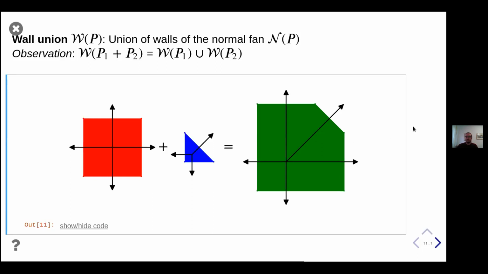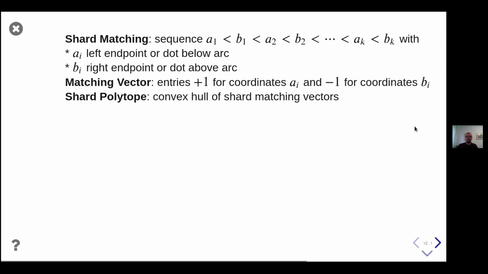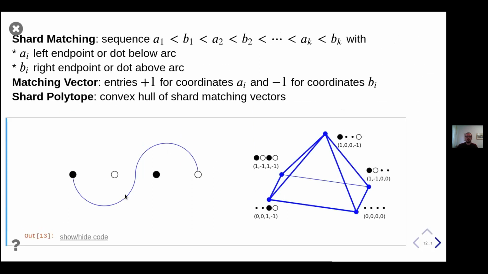And for the braid arrangement, we constructed such polytopes for each of the shards. And we did so in a rather combinatorial way. We looked at this notation of a shard again. We colored the dots below the arc in black and above the arc in white, and the left endpoint black, the right endpoint white. And then a shard matching is just an alternating sequence of black and white points.